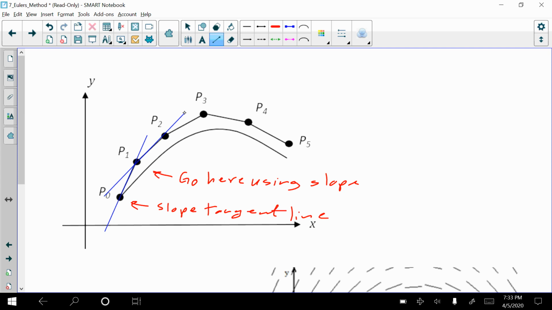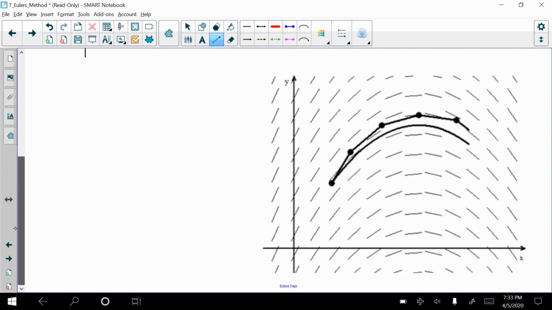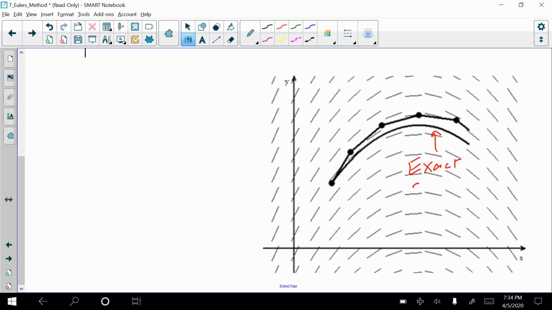Ultimately, what we wind up getting would be the curve of the over approximation alongside the actual solution of the function. So what we have here is the smooth curve. This is your exact solution. Whereas this pieced together bit here with all of the line segments, that would be your Euler approximation.